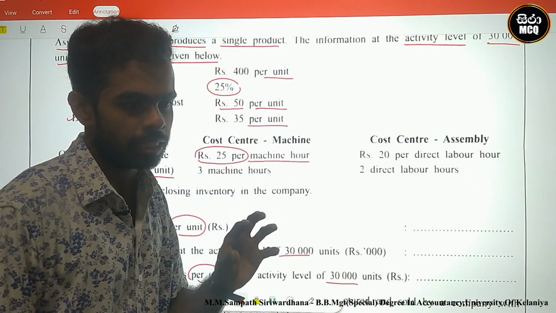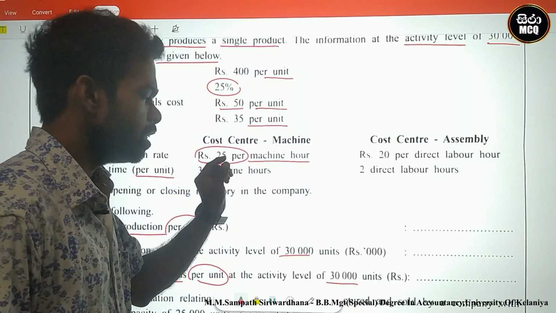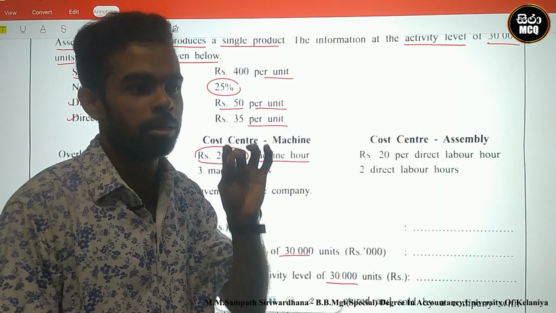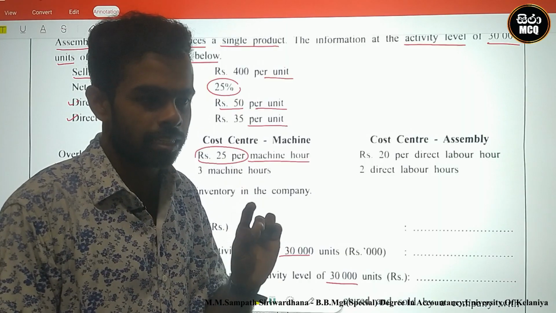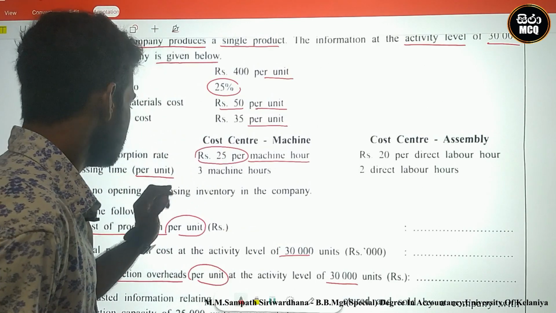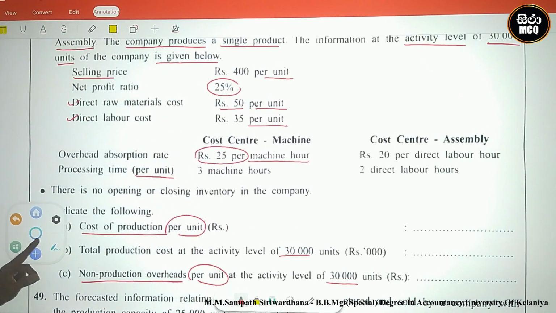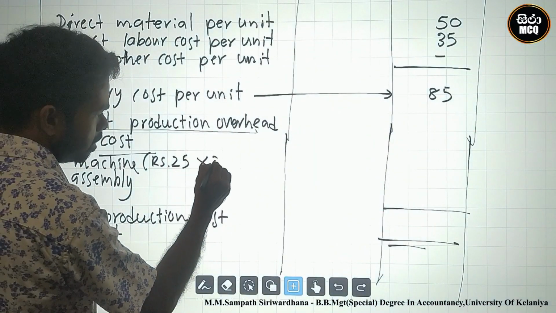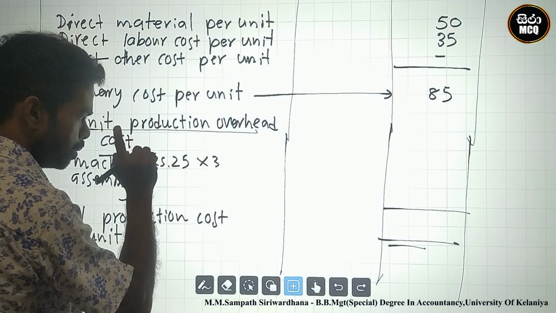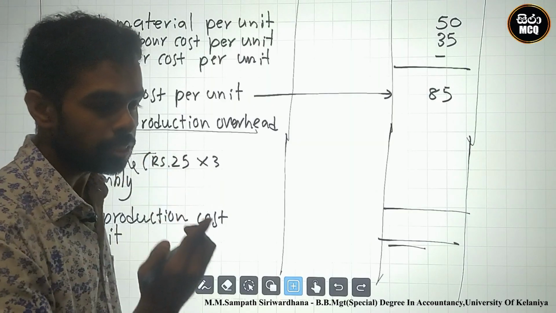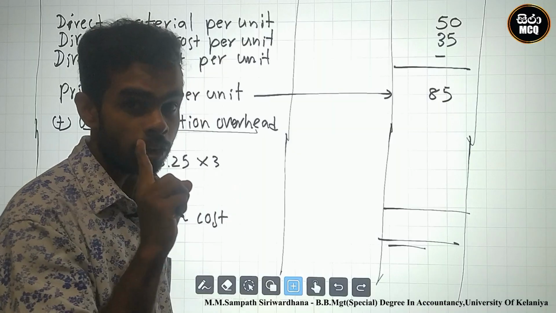Per machine hour we absorb 25 rupees, and there are 3 machine hours to produce 1 unit.